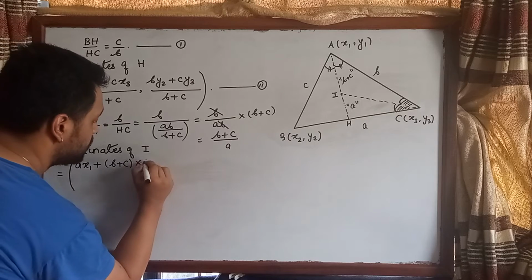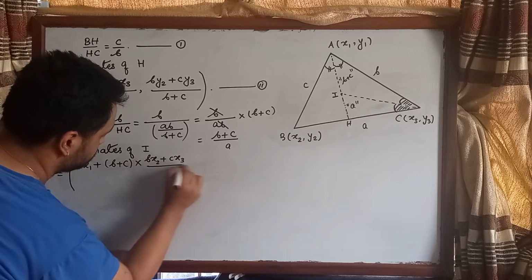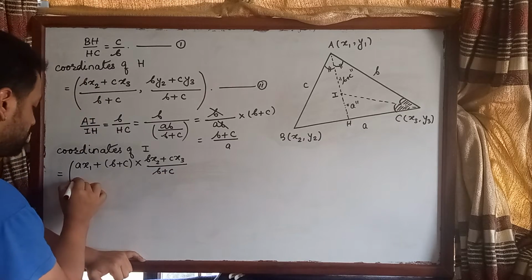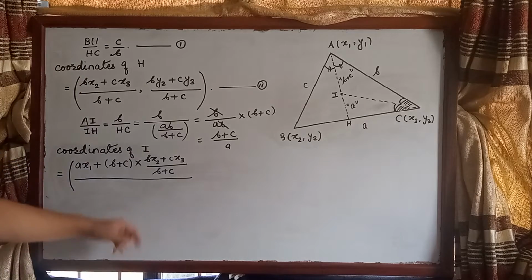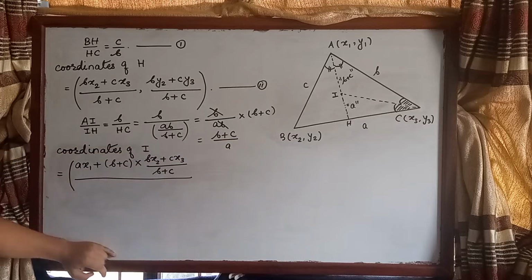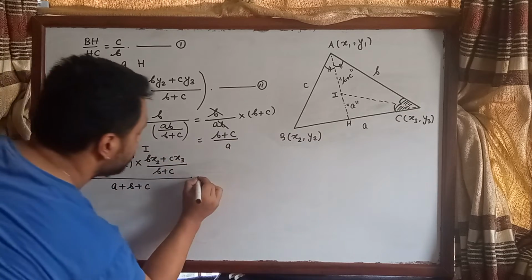So bx2 plus cx3 over B plus C, all over, okay, all over, we have B plus C plus A. So this is basically A plus B plus C.